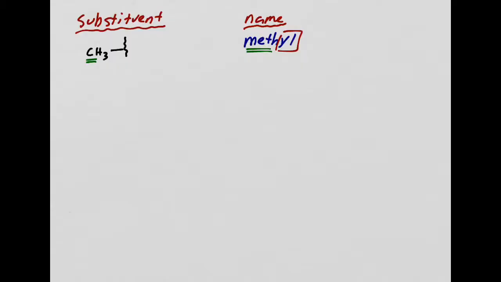Now the next one, let's say I have a CH3 CH2 coming out of a backbone. So I have my hydrocarbon chain and I have a branch that has 2 carbons in it. Now you already know that if you have 2 carbons, you are an eth, right? Because this is a branch, you call it ethyl. It's eth because you have 2 carbons, and the YL is just for the substituent.